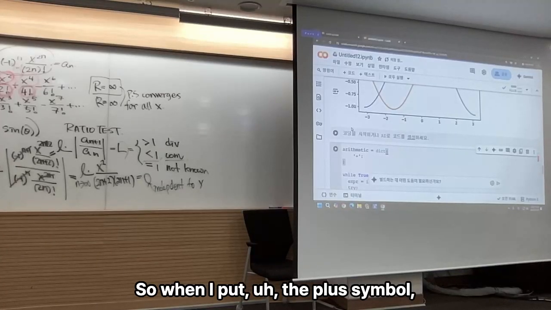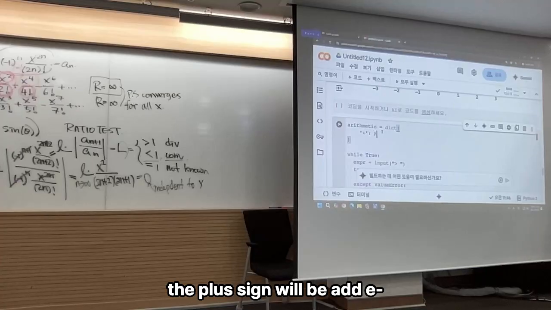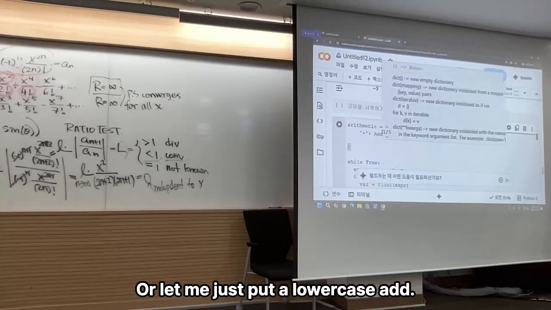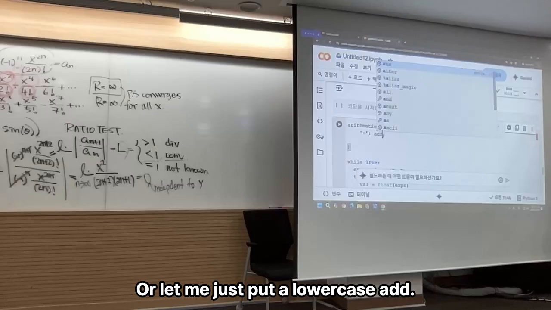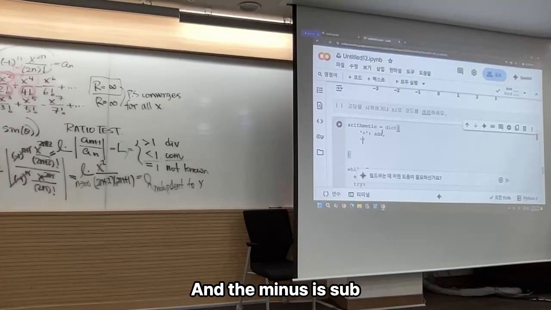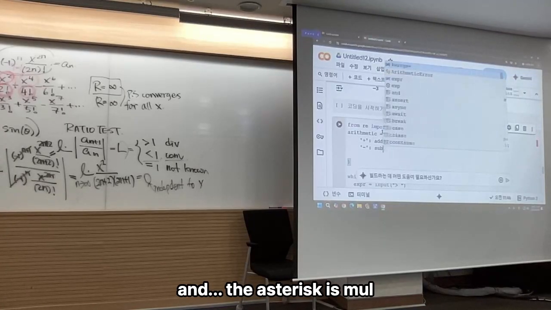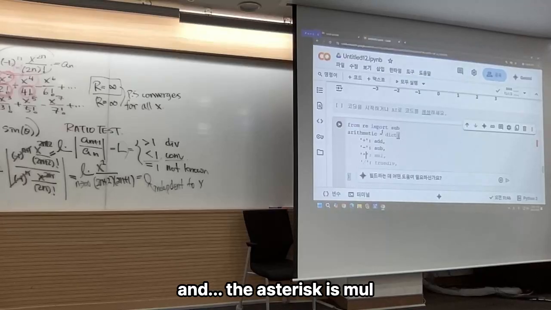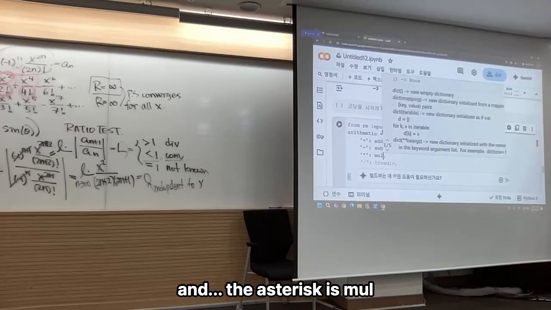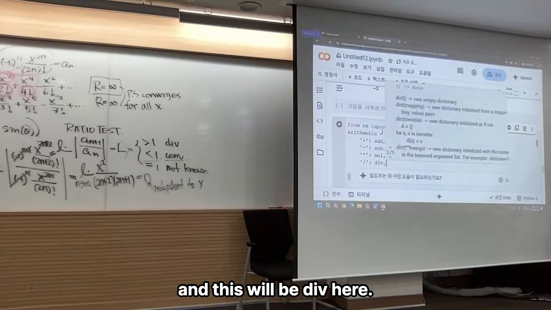So when I put the plus symbol, the plus sign will be add, or let me just put a lowercase add. And the minus is sub, and the asterisk is mul, and this will be div here.